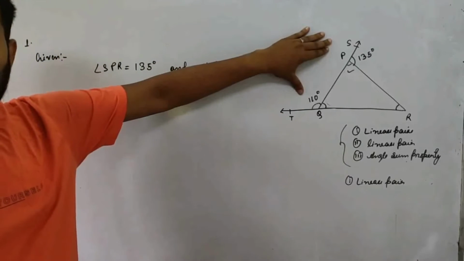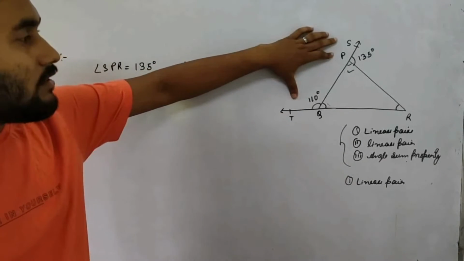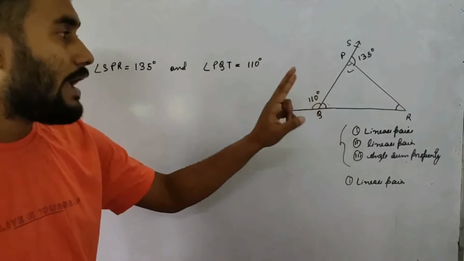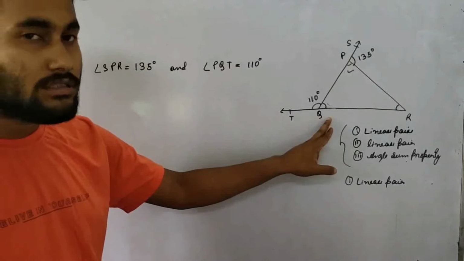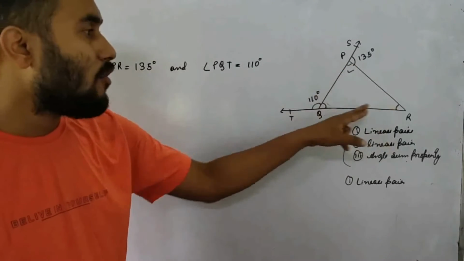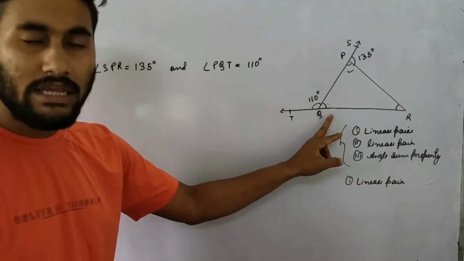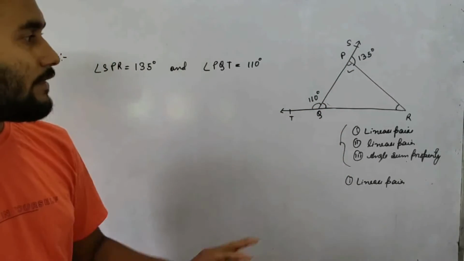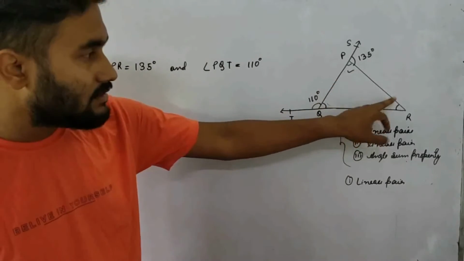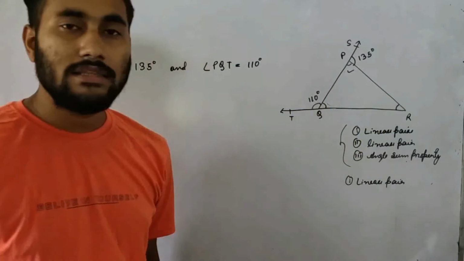This is the exterior angle now, so this angle will be equal to what? Forget about this angle. Why? This angle is the adjacent angle. These are the three angles of the triangle, and among them this is the adjacent angle, so I cannot consider it. So this exterior angle will be equal to this angle plus this angle. Then also you will get this answer.